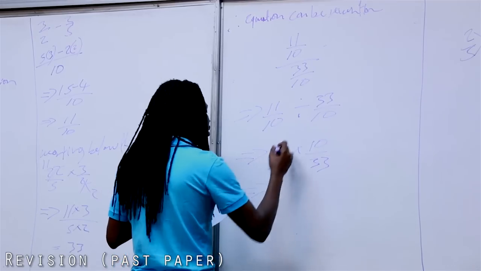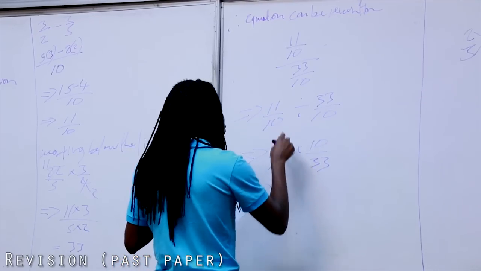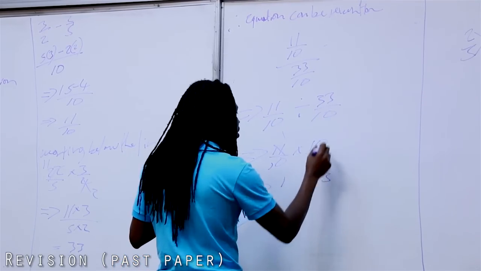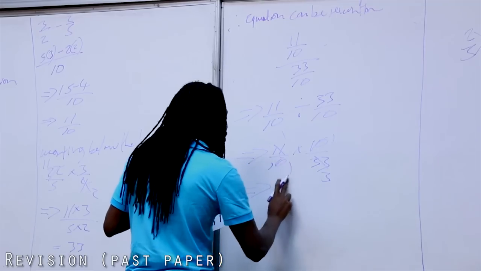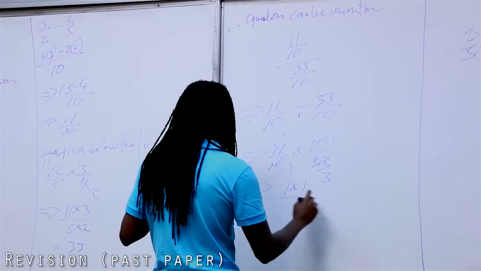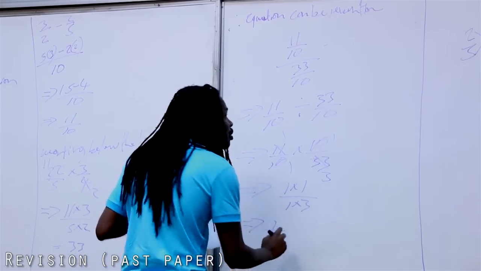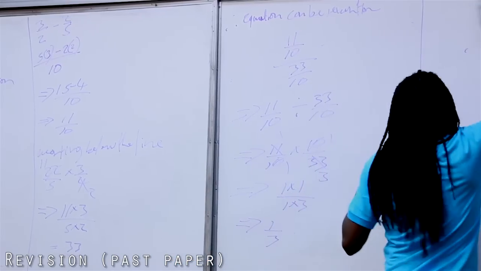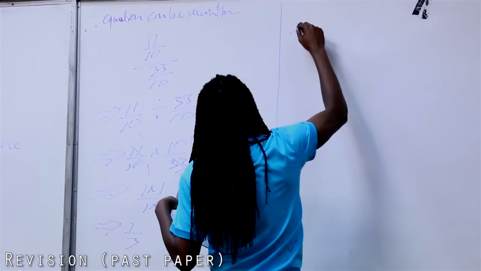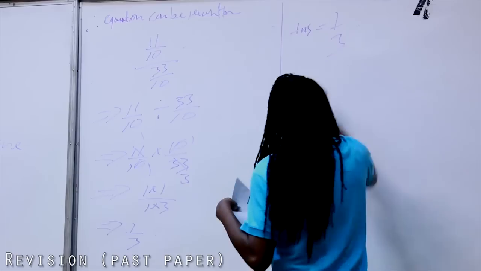Cancelling, 1 times 1 over 1 times 3 implies 1 over 3. Answer equals 1/3.